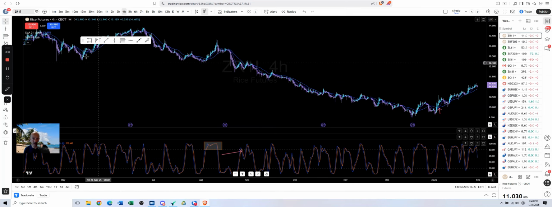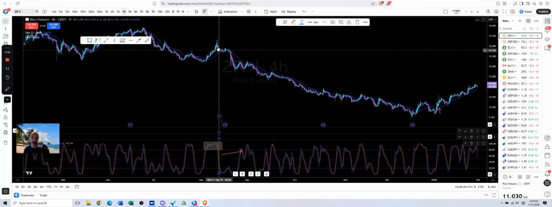Now you get the signal on the 4-hour chart right about here, which in this case is still pretty good because what happened was when it started going down again, it paused, right? The candles were very small at first. It took a little while for the momentum to get going and then it dropped. But sometimes you have just a big steep drop. You have one giant bearish candle.